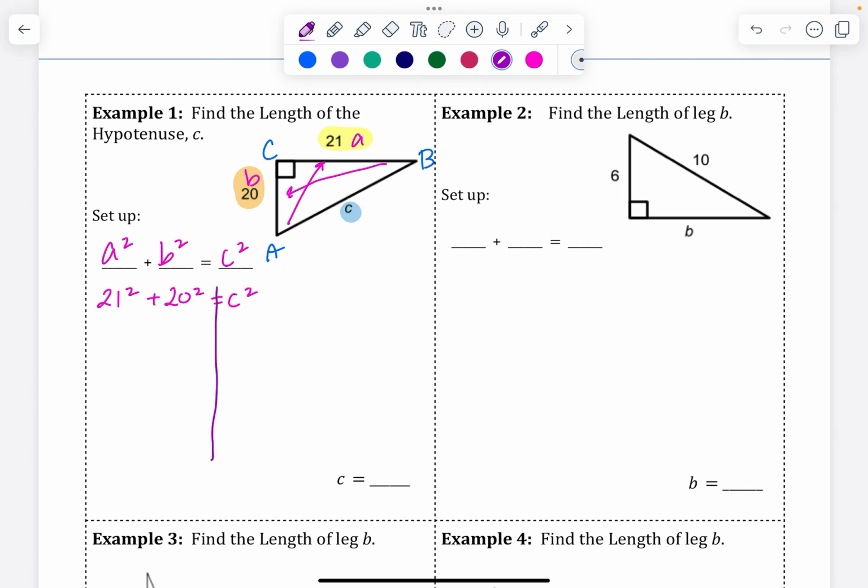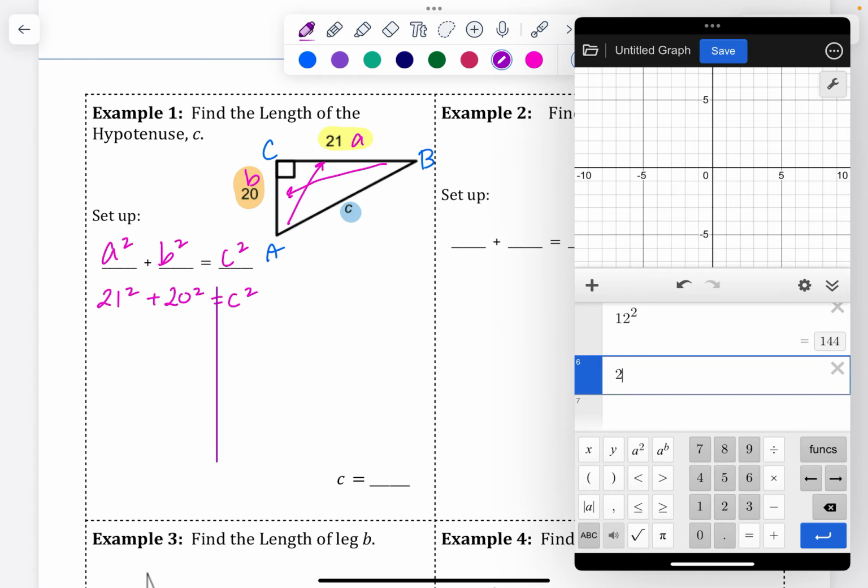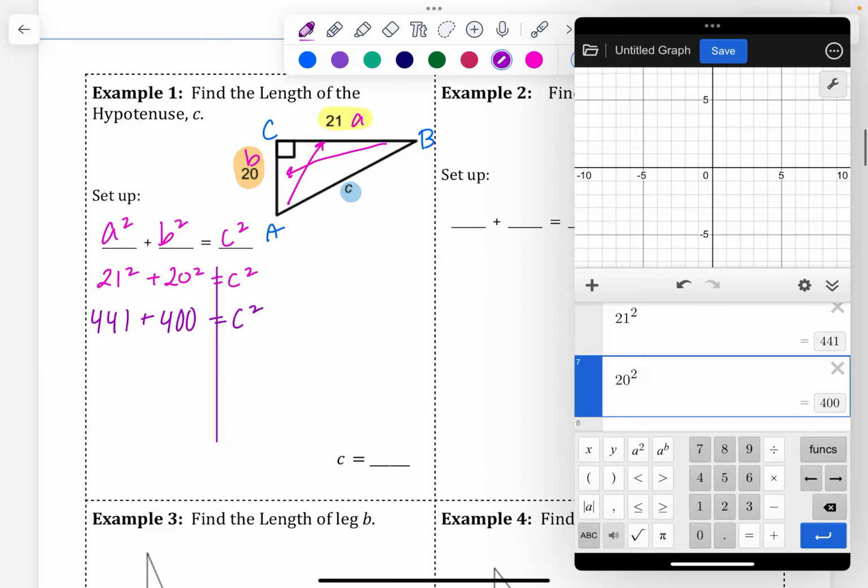From here, guys, all we're doing is just solving, right? So in your calculators, let's type in 21 squared, right? 21 squared means 21 times 21, right? So this becomes 441 plus, now I have 20 squared, which is equal to 400, is equal to my unknown of C squared, right?